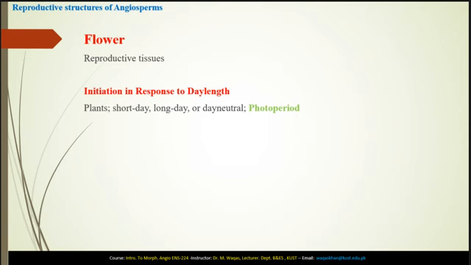Basically, they are divided in terms of their flowering response to day length, or simply the photoperiod. Before going ahead to short day and long day, most plants are day neutral, meaning no effect of the length of night and the length of day.